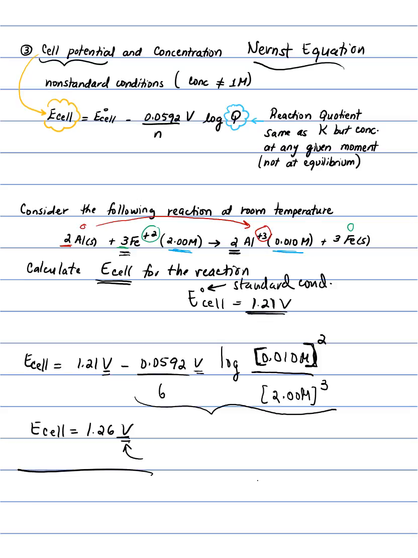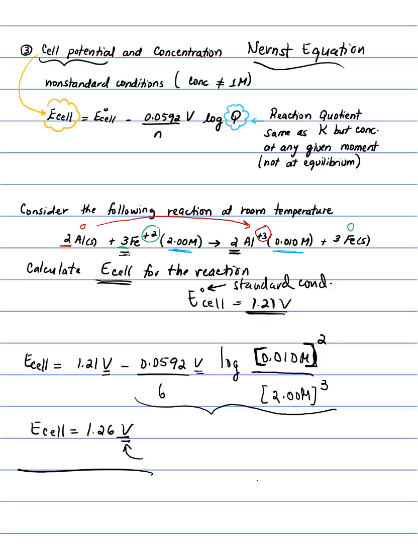So the potential that you have for the reaction under standard conditions is 1.21. Now changing your concentrations will give you a number that is 1.26. The difference between those two numbers is because of the difference in concentration. The number of electrons being transferred in your reaction is the same when you have standard conditions and when you have non-standard conditions.